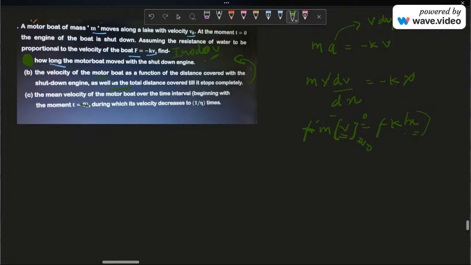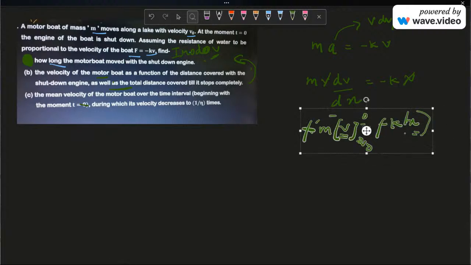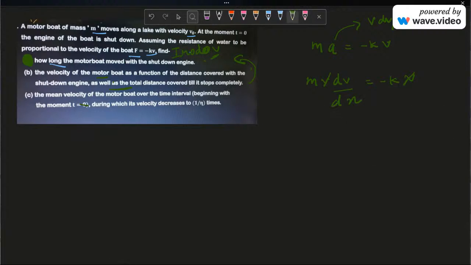So I should write it in this way: m into delta v is equal to minus k into delta x.